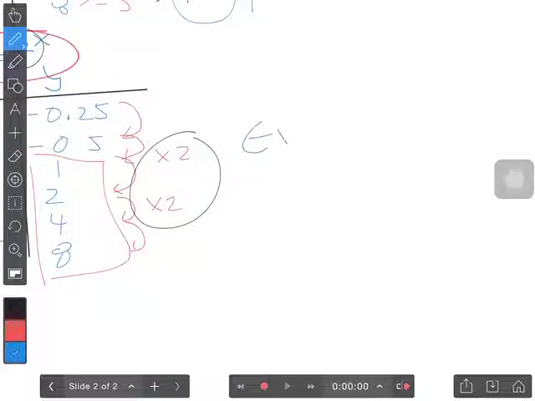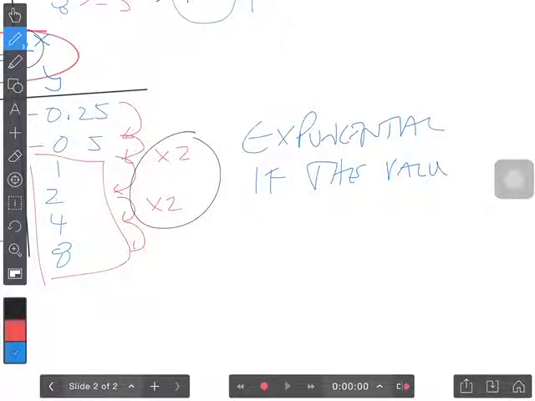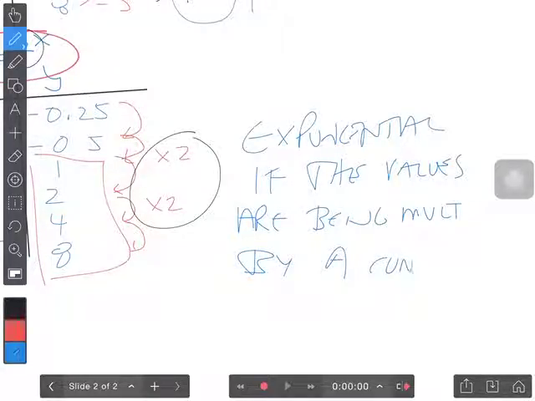So we have an exponential function if the values are being multiplied by a constant. And it can be decimals, okay?